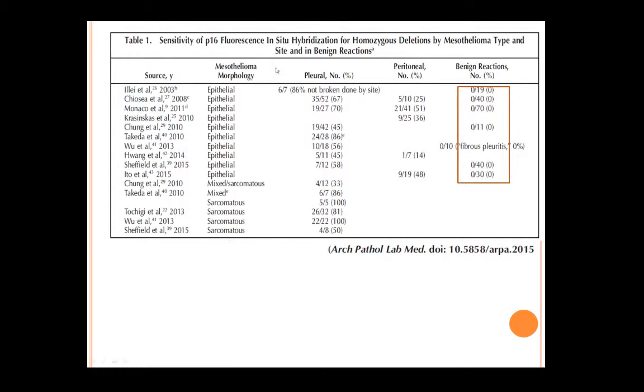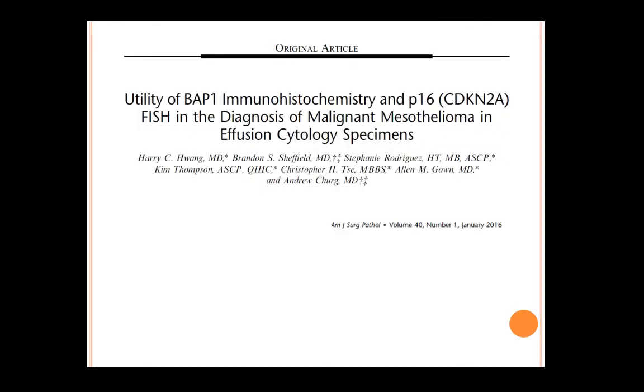The advantage of P16 is that it also has prognostic significance. Loss of P16 is associated with a more aggressive course in malignant mesotheliomas. The disadvantage is that it is only done by FISH, and the immunohistochemical stain is not reliable for diagnosis of P16 loss.